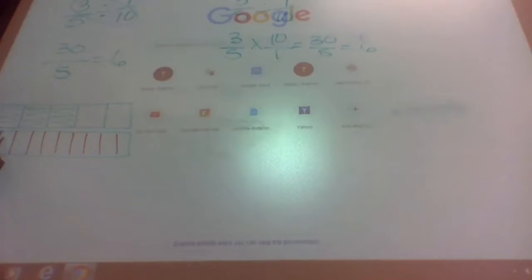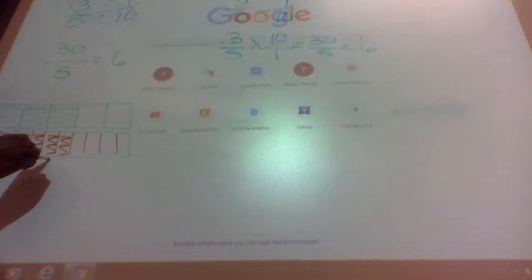Okay, and so I'm going to shade until I get to my 3/5. How many did I shade? 1, 2, 3, 4, 5, 6 groups, right? So 3/5 divided by 1/10 is 6.